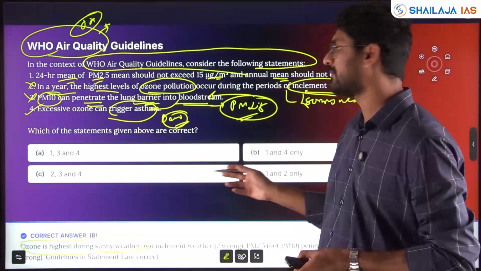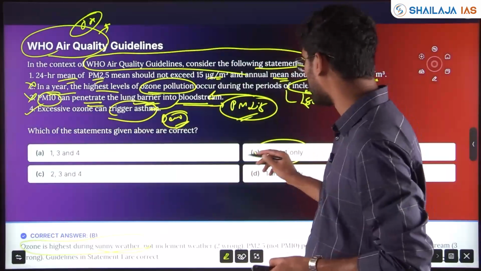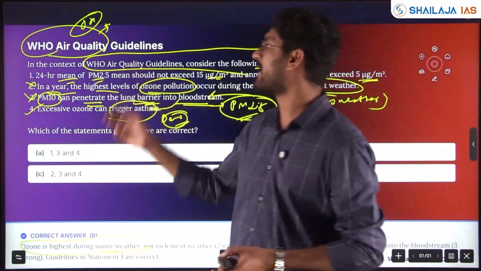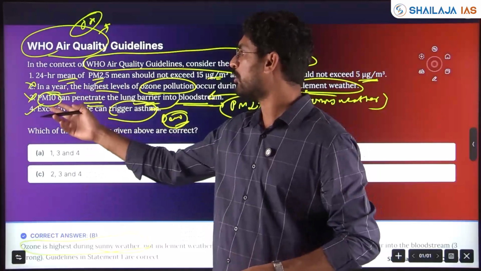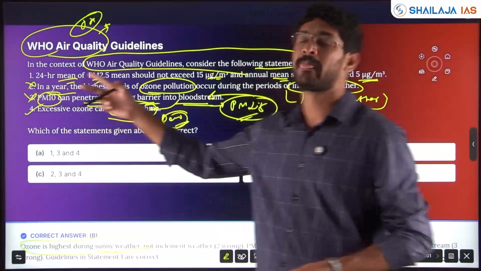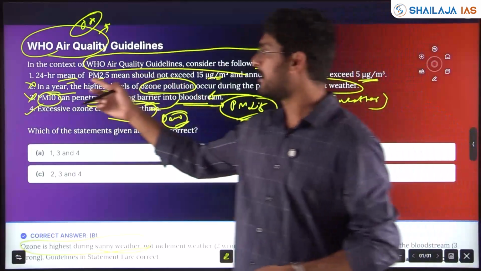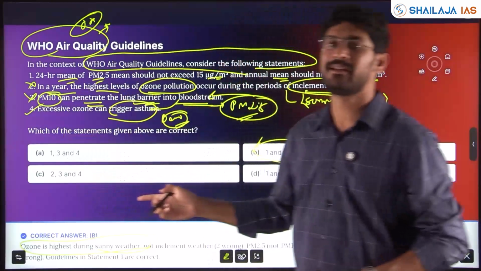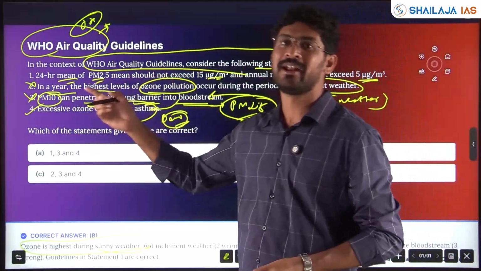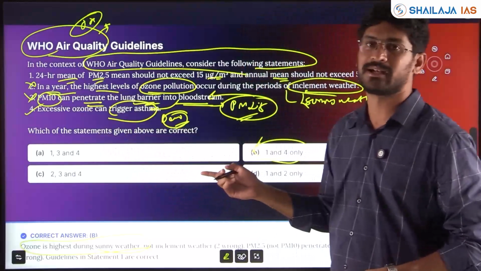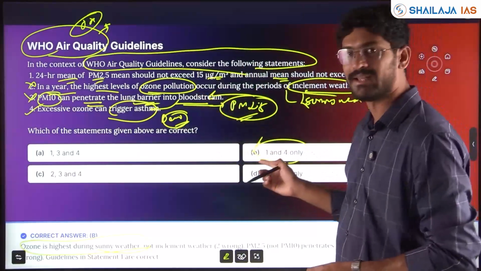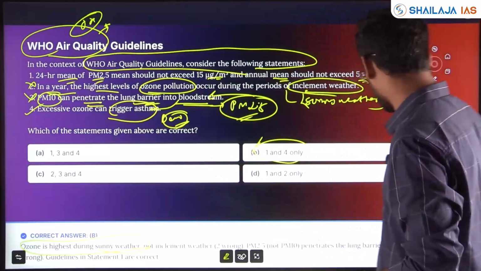If you eliminate 2 and 3, you will get 1 and 4 as the correct pair. Statement 1 needs factual knowledge, but since options are given, you need not know statement 1 factually. When options are given, you can eliminate 2 and 3 and get the answer 1 and 4.